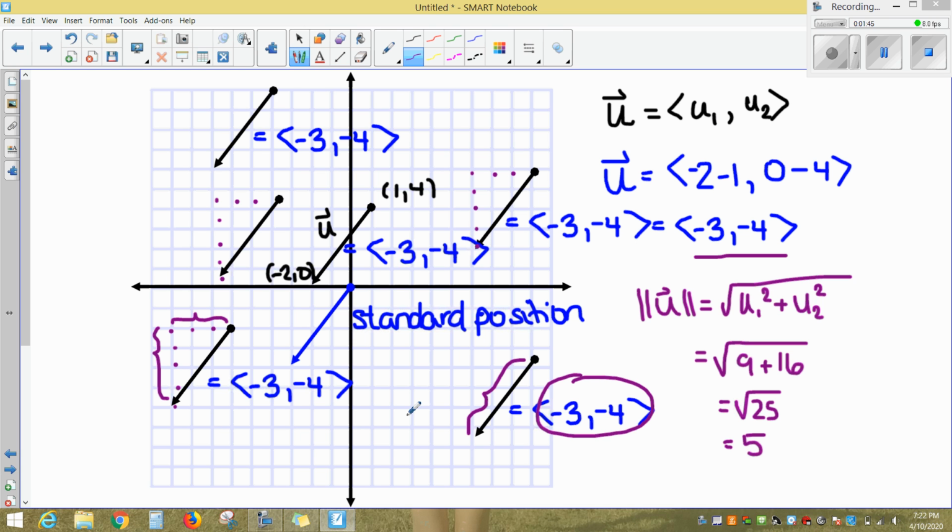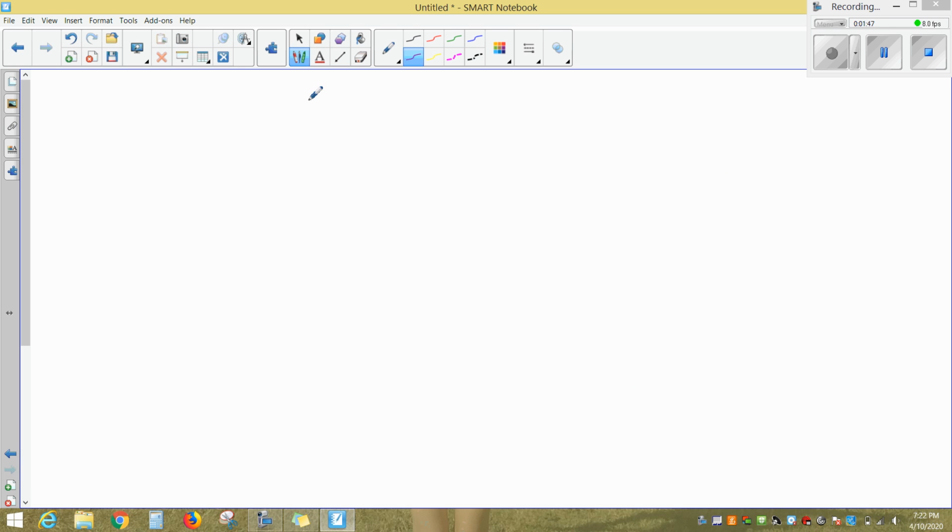When I talk about a unit vector, and unit vectors come up quite a bit, just like a unit circle is a circle of radius 1, a unit vector is one of length 1, or magnitude 1.